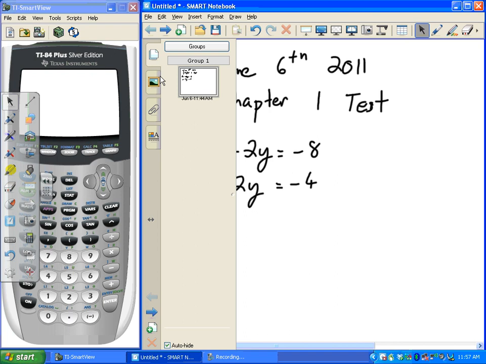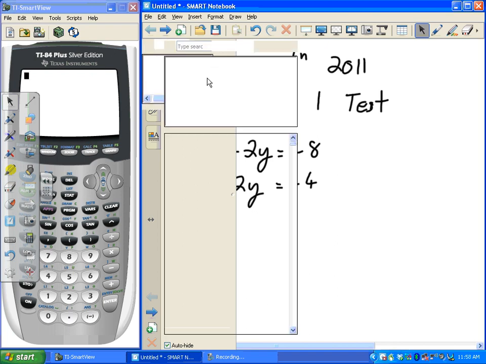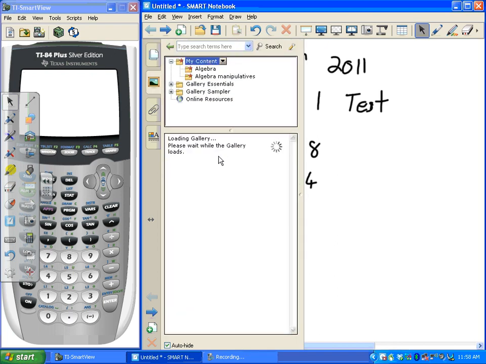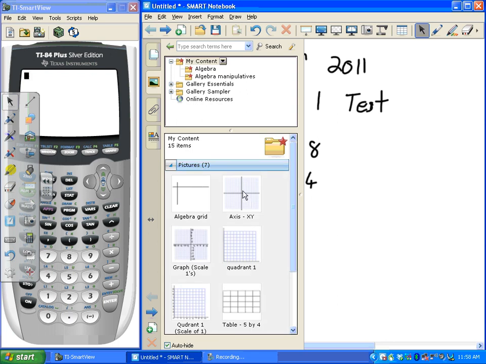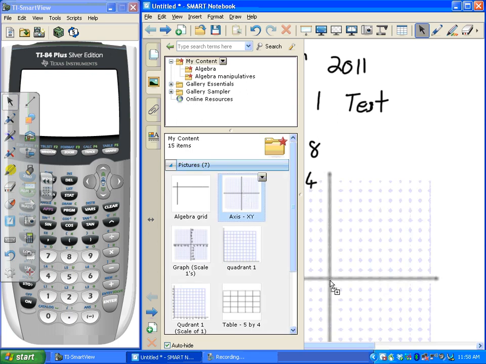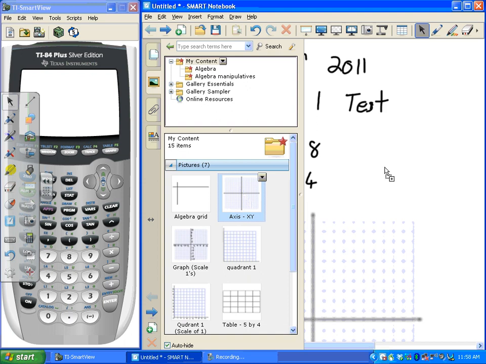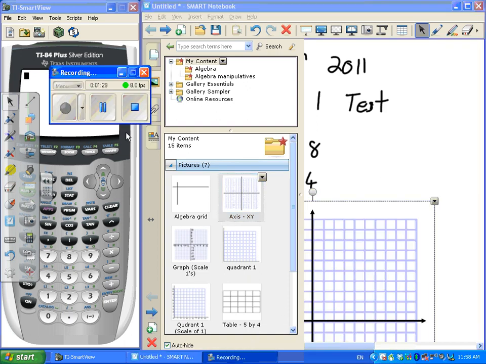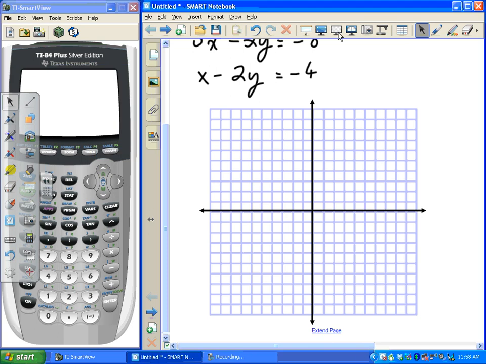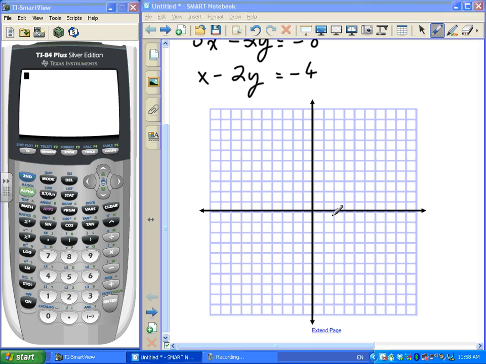There is a graph on your test, so I'm going to put a quick graph up here right now. Yes, you can print these. So the XY graph. Okay, so there we go. 2, 4, 6, 8, 10.